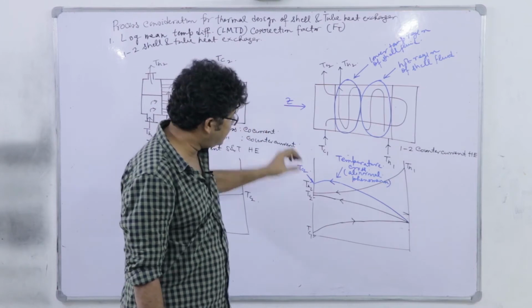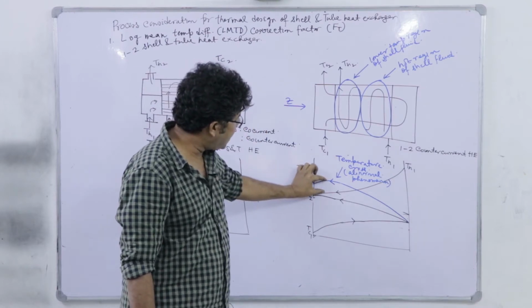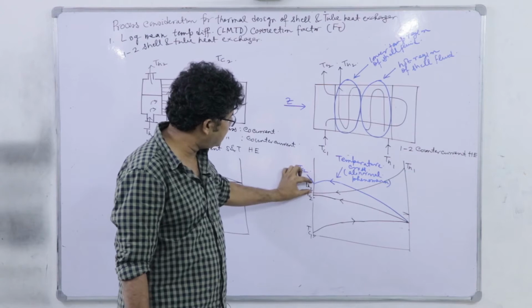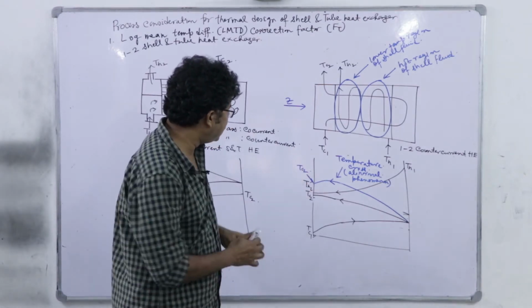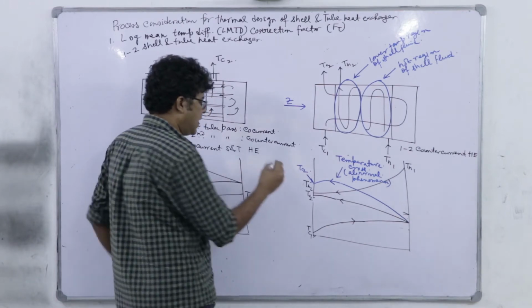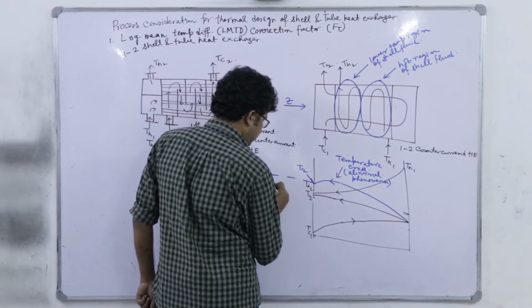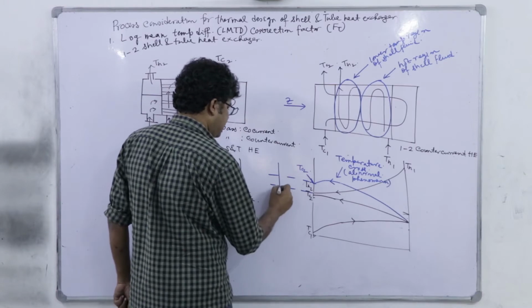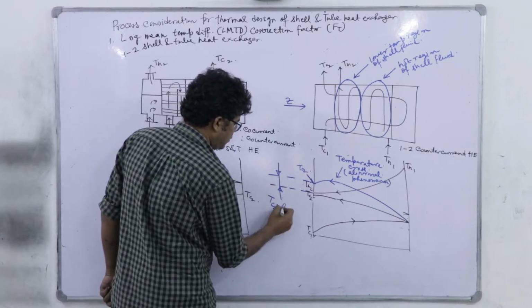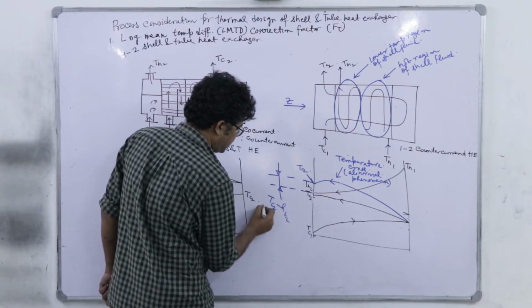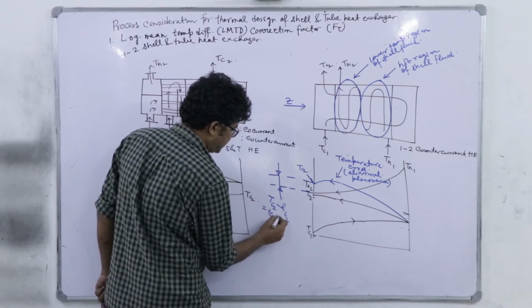So, we can have this temperature cross with maxima internal to this heat exchanger, and finally there will be a higher temperature of cold fluid than that of hot fluid. So, this gap, Tc2 minus Th2, is technically called the temperature cross.